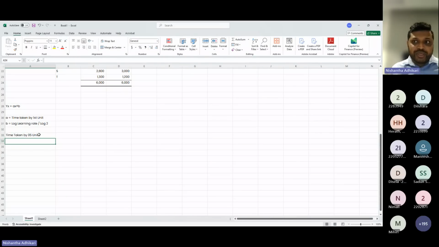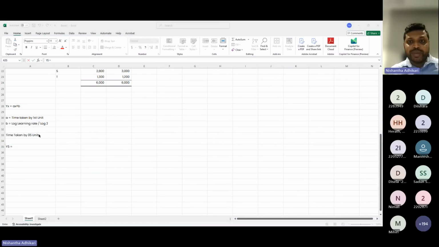Time taken by 5 units. How can I calculate it? Y5 equals A, the time taken by the first unit. It is mentioned that the first job will take 5 hours. So 5 hours multiplied by x, where x is 5 units, power minus 0.412.